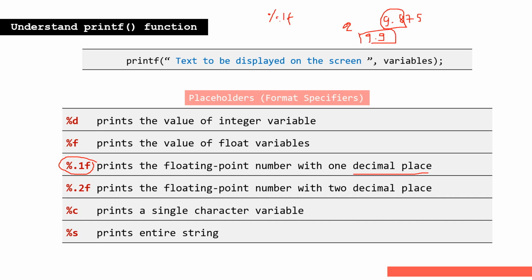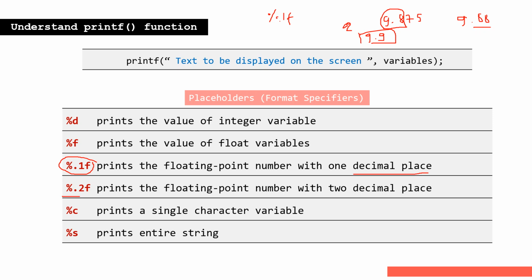If you write %.2f, then it will print 9.88 or simply 9.87. So depending on the rounding procedure, it will print only up to one decimal place for %.1f and two decimal places for %.2f.